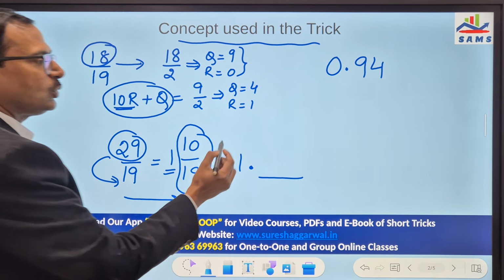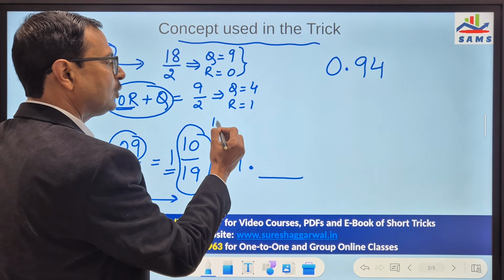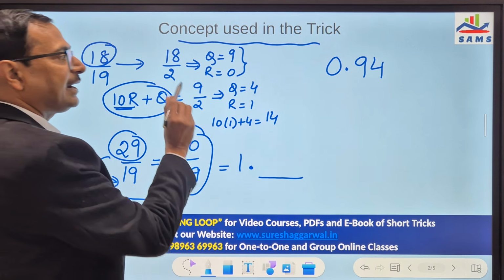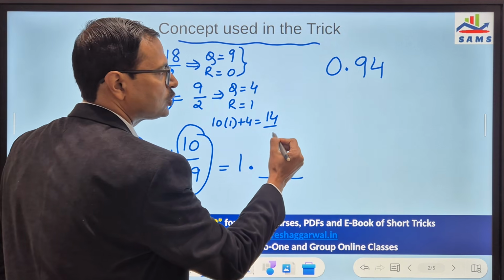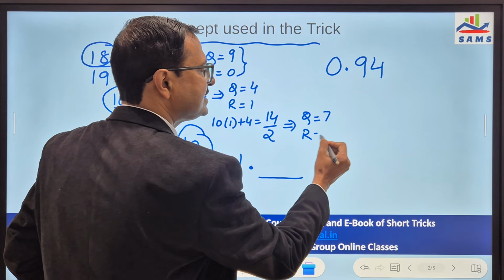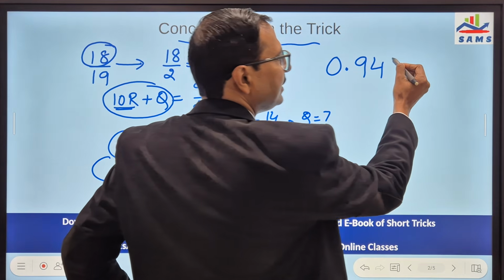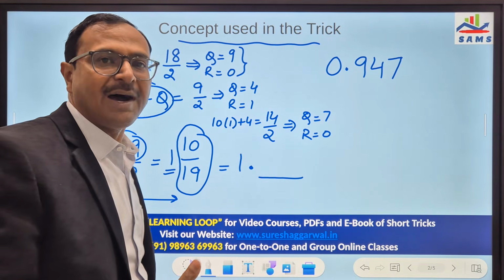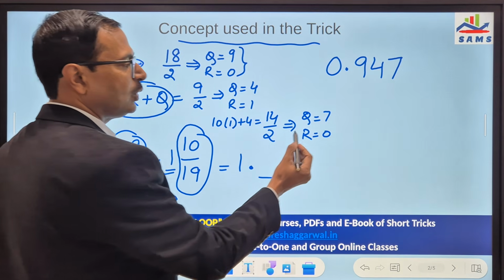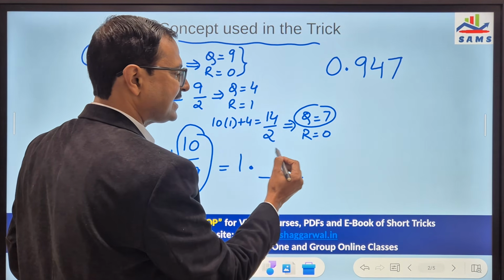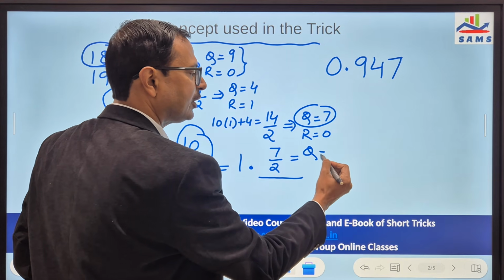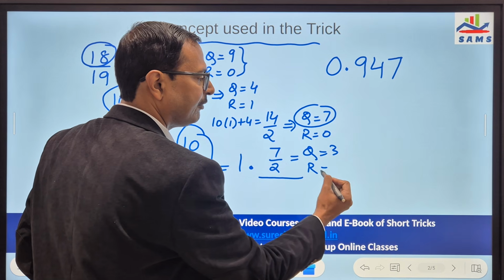So 10r plus q now becomes 10 into 1 plus 4, that gives us 14, and again divided by 2, you will have a quotient of 7 and a remainder of 0. Quotient 7 means you got another digit after the decimal. Remainder is 0 now, so 10r plus q will give you only 7. The next step is 7 upon 2, which gives a quotient of 3 and a remainder of 1.